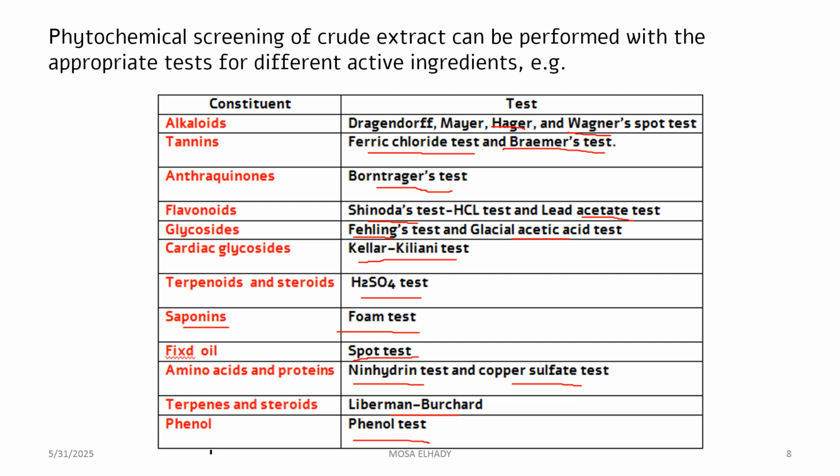In the next slide, we describe the details of these reagents: how they can be performed, the suitable solvent for extraction, the preparation method, the method of interpretation, and the method of analysis.